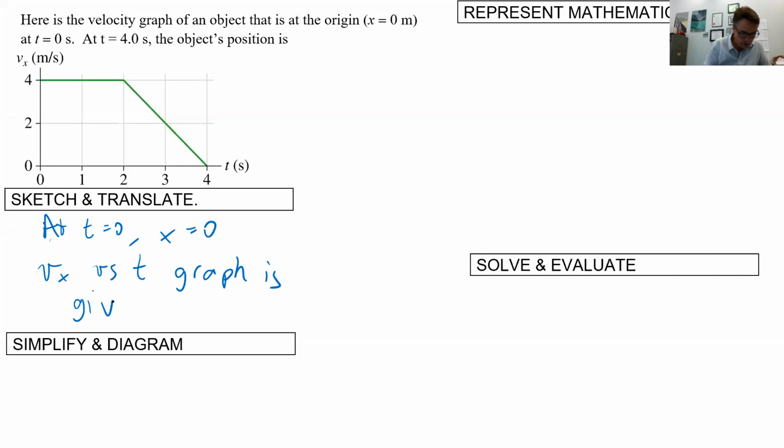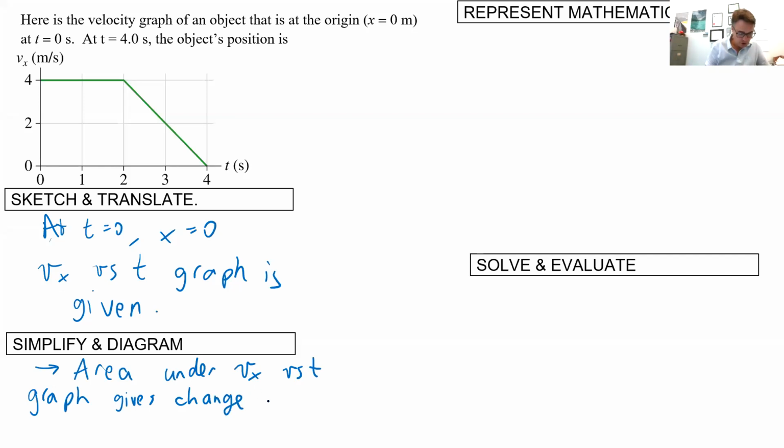It's hard to break this down into a lot of steps, but the whole simplifying diagram idea is just to know that the area under the Vx versus t graph gives the change in position.